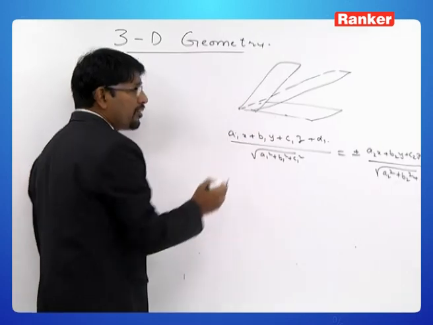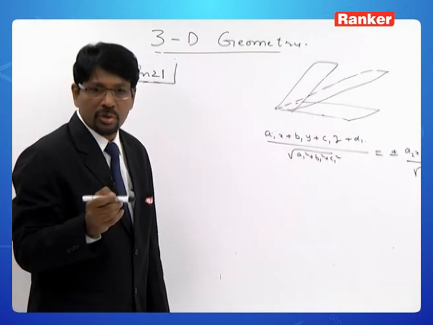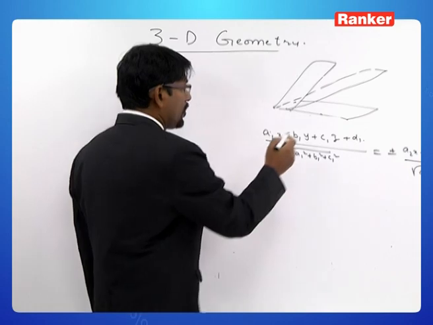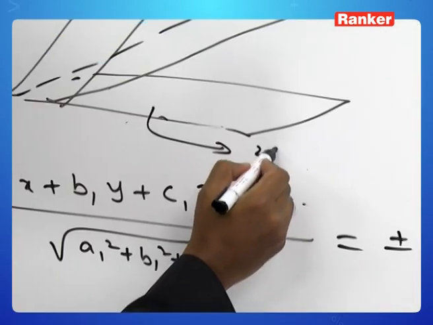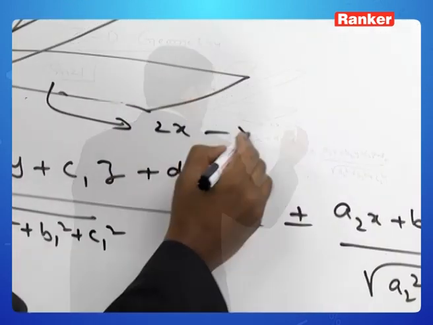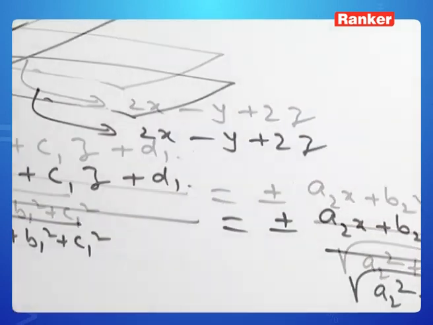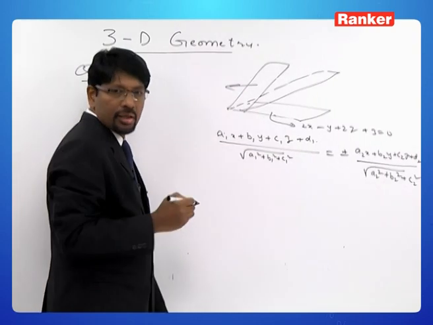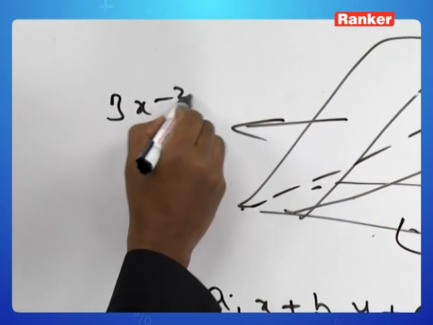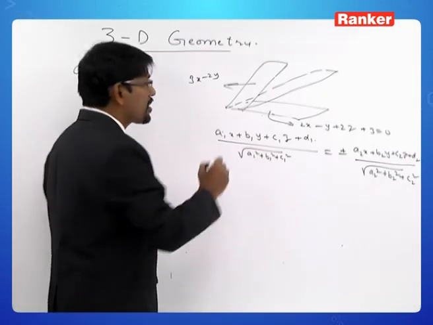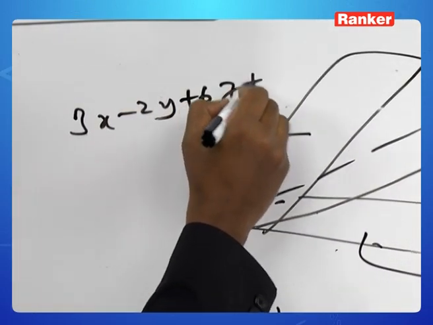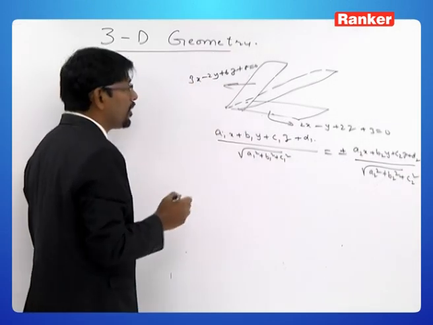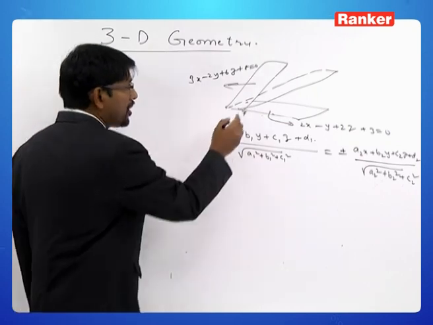I mean a1x plus b1y plus c1z plus d1 equal to 0 is the first plane. So here we have 2x minus y plus 2z plus 3 equal to 0. The second plane we are given as 3x minus 2y plus 6z plus 8 equal to 0. We have to find the plane bisecting the angle between them.